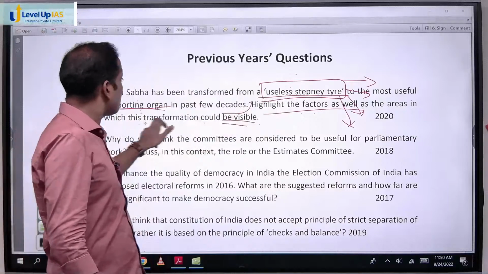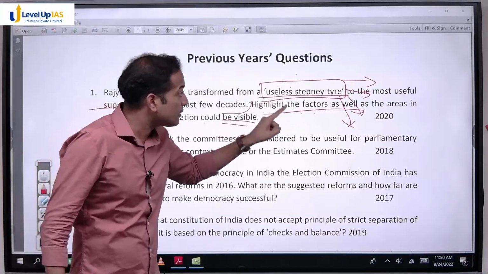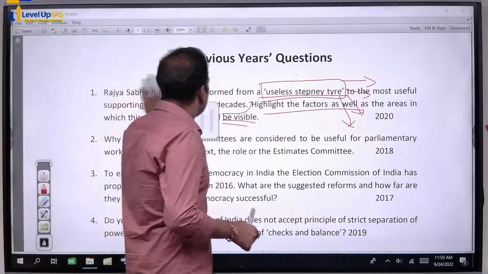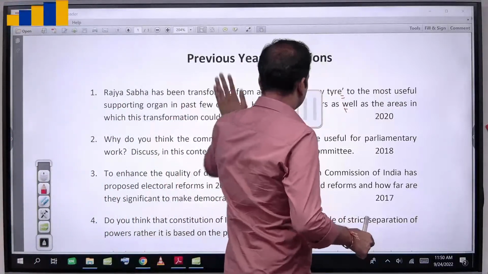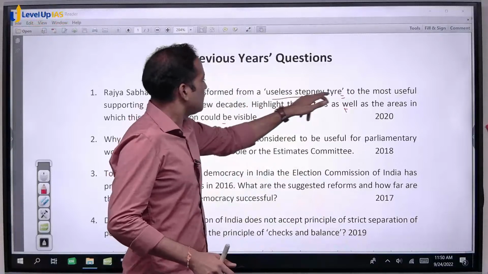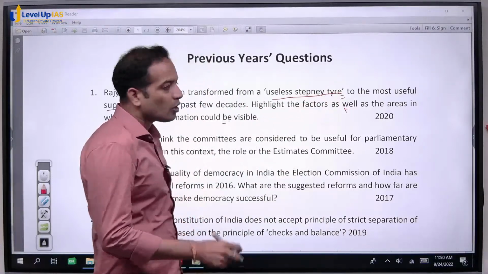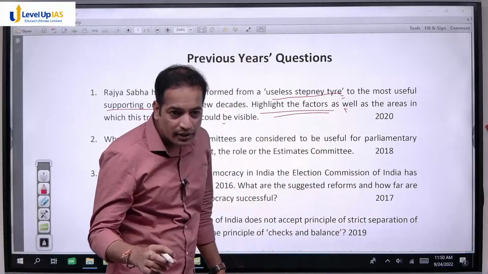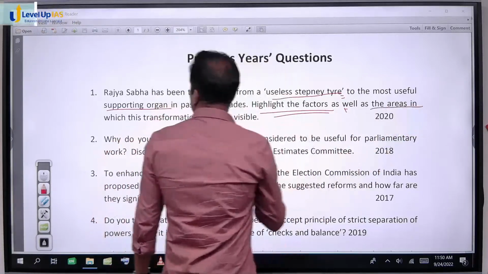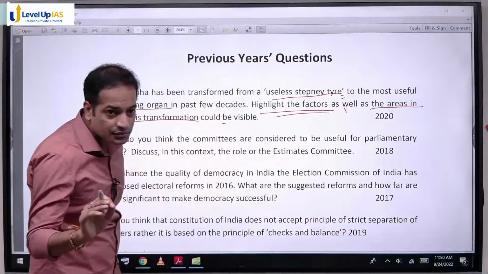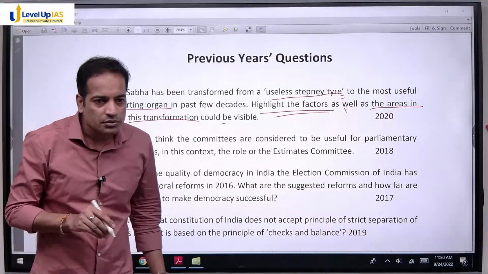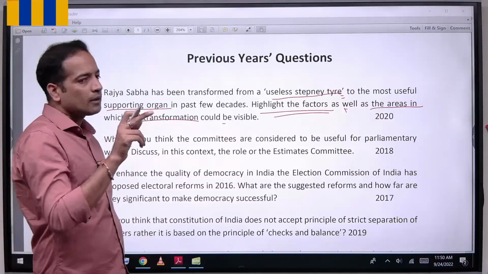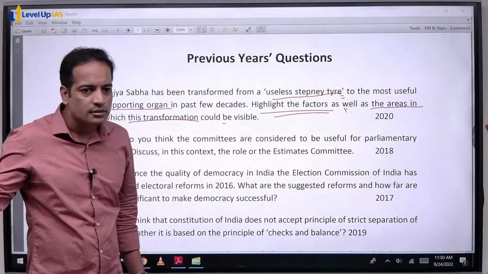And because it is not only talking about factors but areas, here it will be useless stepney tire, supporting organ, then factors as a separate subhead with points, and then areas of transformation with separate points. Otherwise what you people tend to do is merge factors and areas, do not do that.